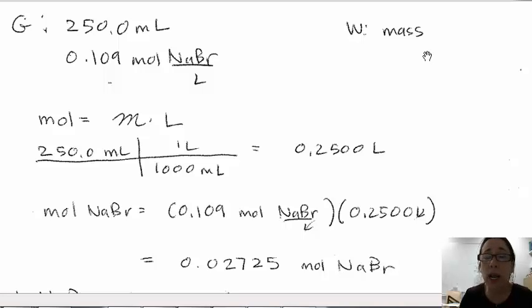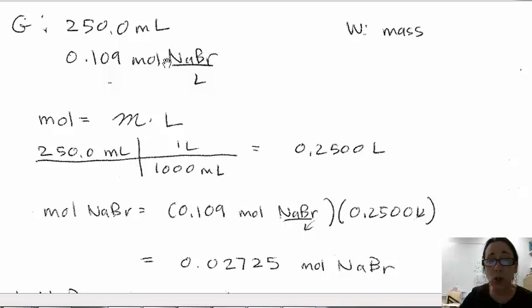Mass is nowhere in any of our three equations for molarity. What I can solve for is moles, because moles is molarity times volume. Even though I'm given milliliters, I can convert that to liters. So I can solve for moles. So once we get moles, how do we get to mass? Molar mass. So let's take this one step at a time.